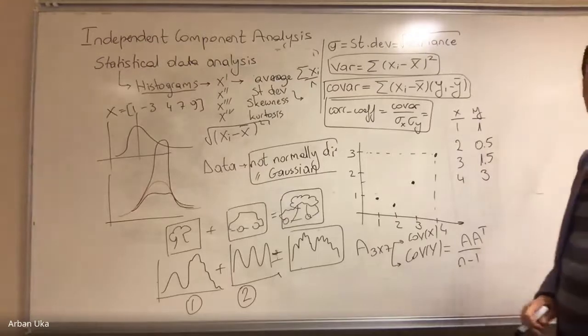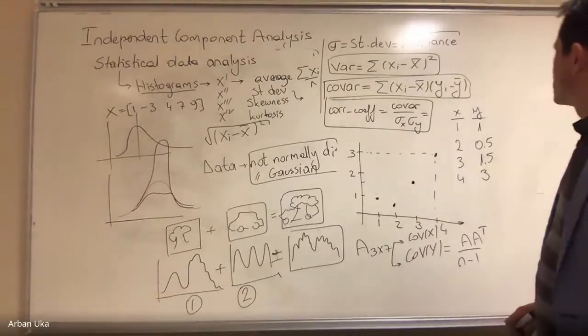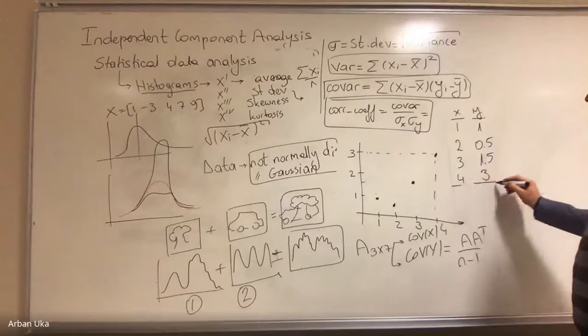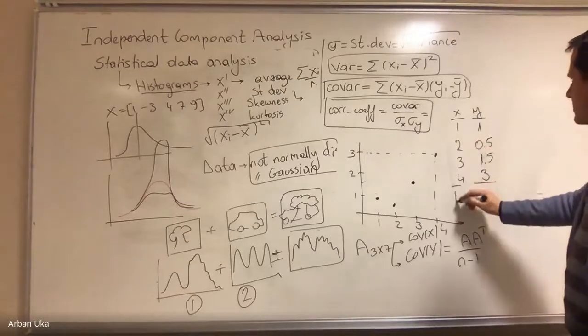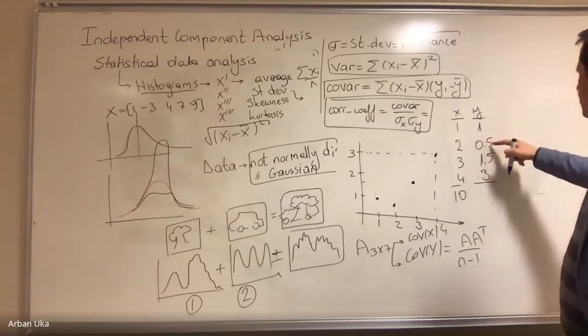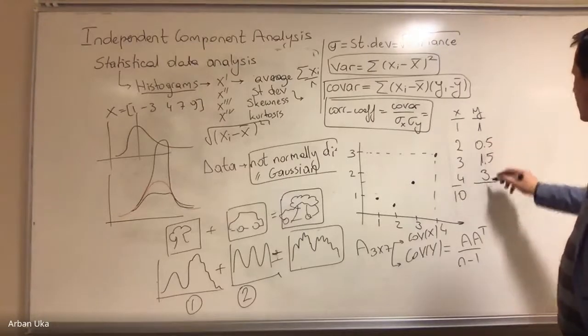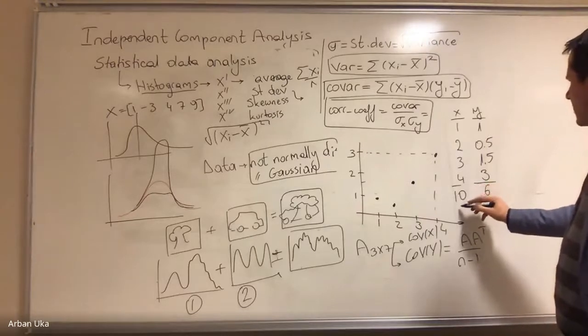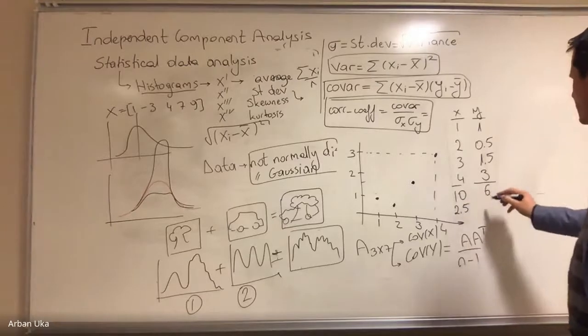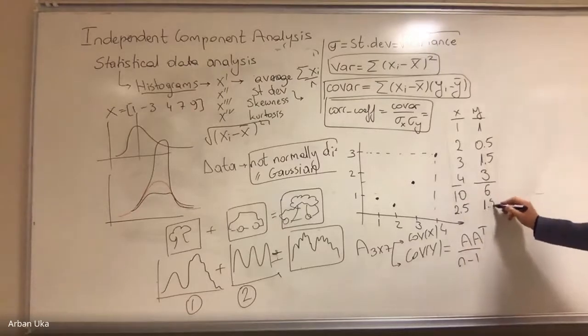So the question is here, how can we find what is the covariance? So what we do, we find the average. Here we have 5 plus 5. This is 10. Here we have 2, 3, 6, okay? This is the sum. The average is 10 divided by 4, this is 2.5. 6 divided by 4, this is 1.5.